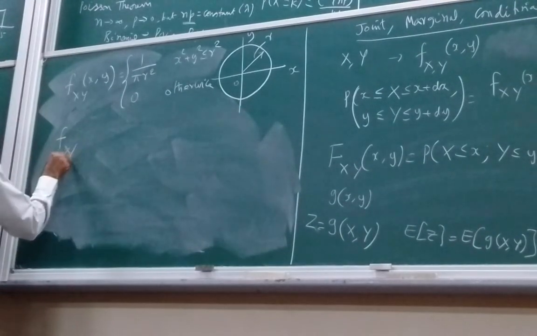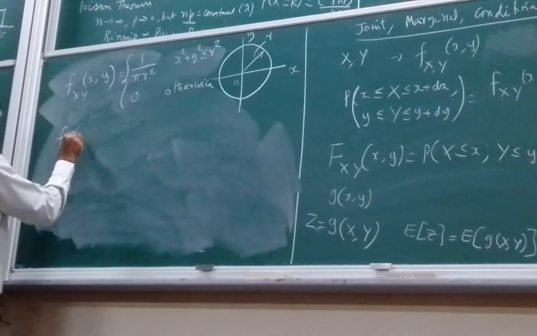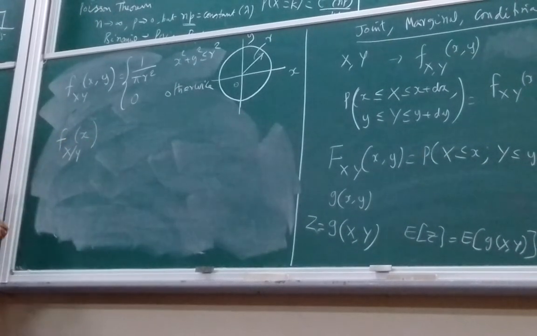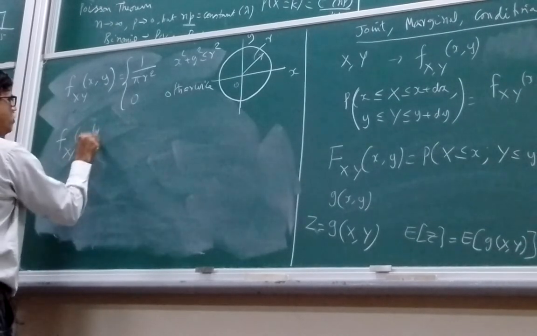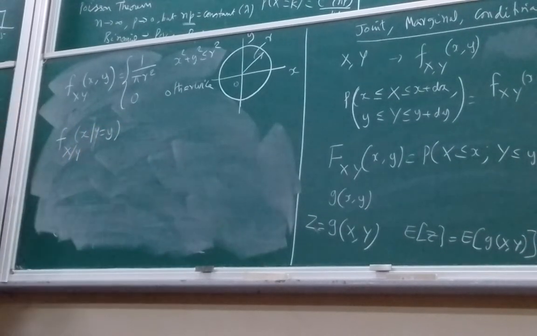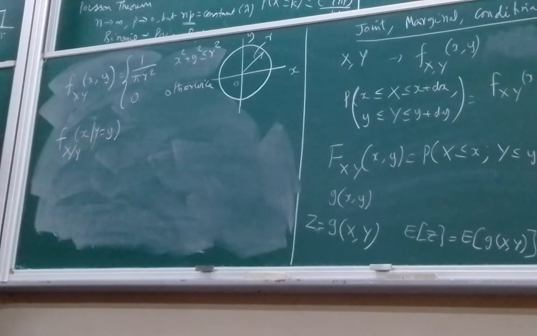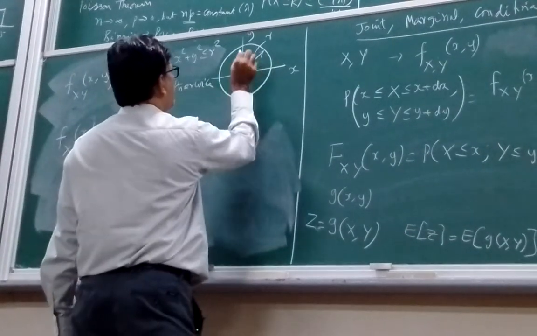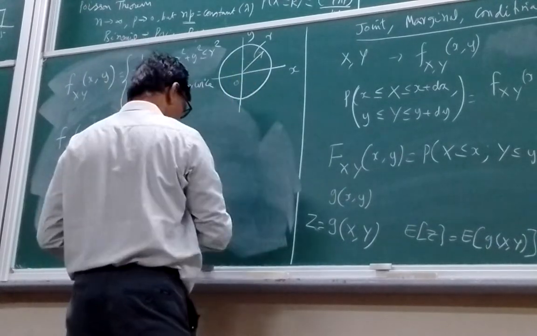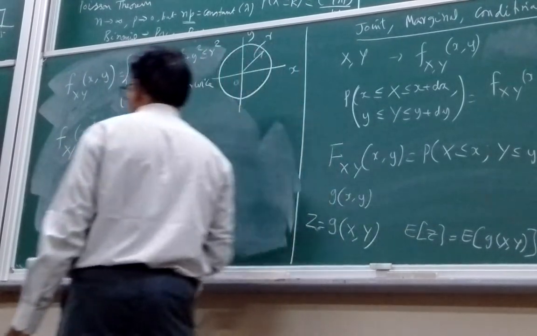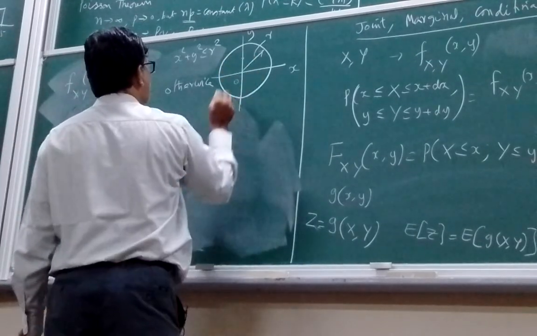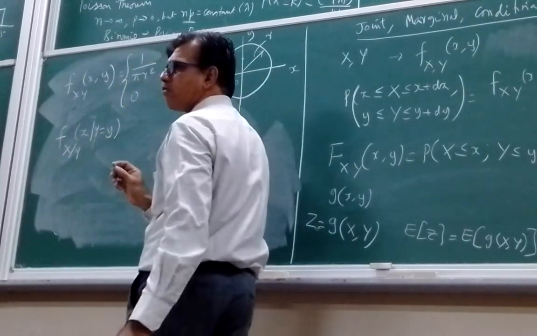f of X given Y equal to y. That is, if I say that Y takes a particular value, meaning in the neighborhood of this one, then what will be the density function of x?